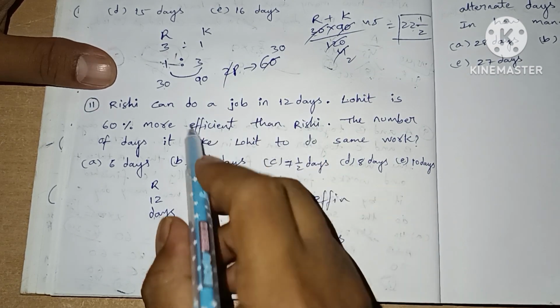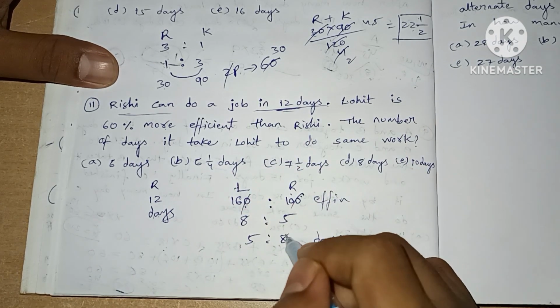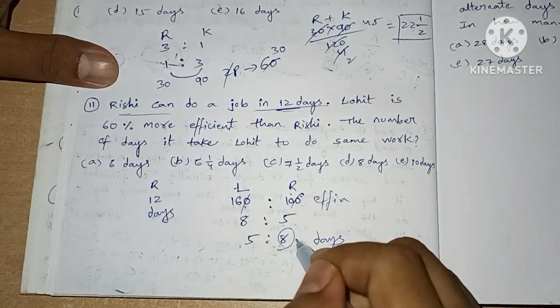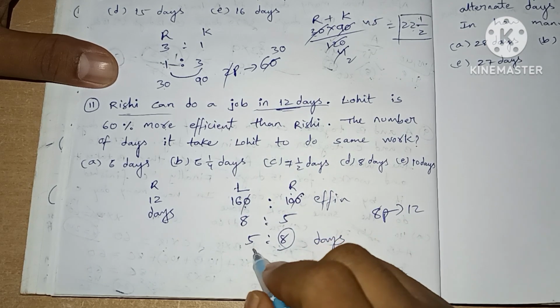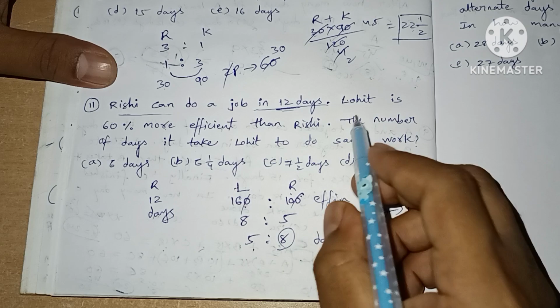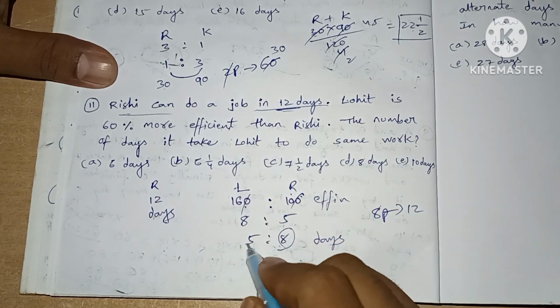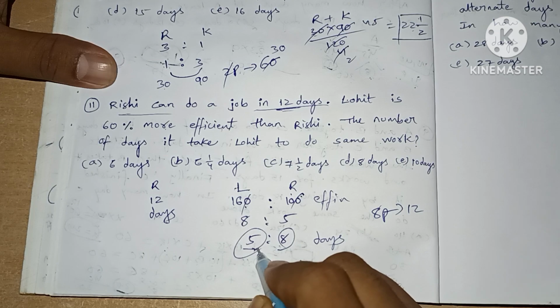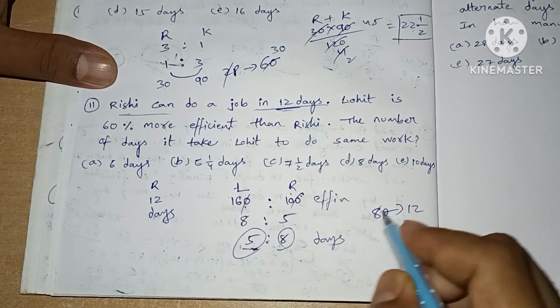And in our question it is given that Rishi can do a job in 12 days. So 8 parts value is nothing but 12. Then we need to find the number of days it takes Lohit to do the same work. It is talking about how many days it will take for Lohit, for 5 parts.